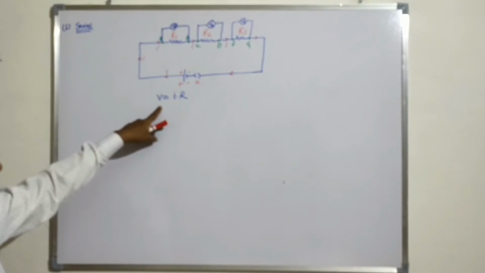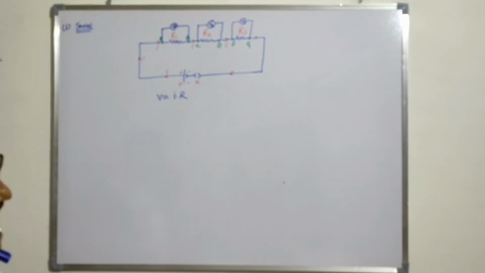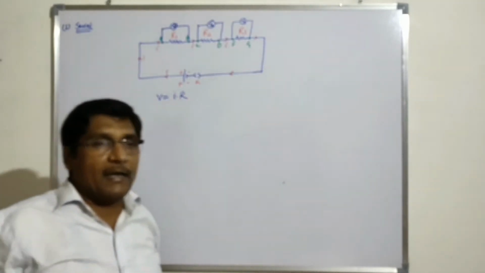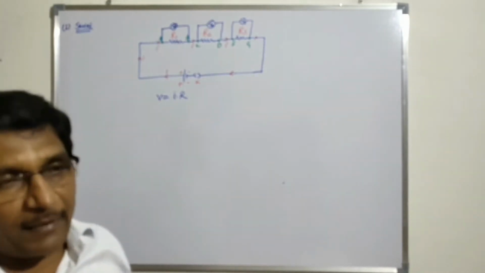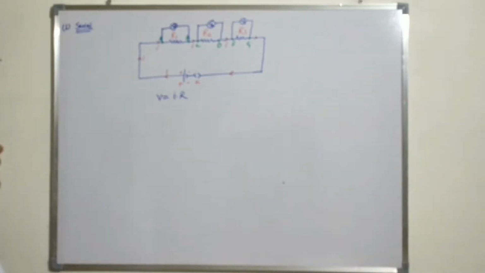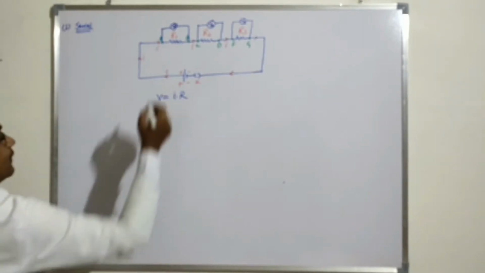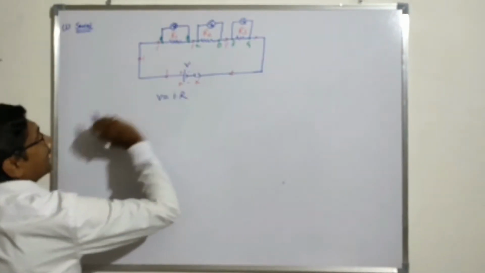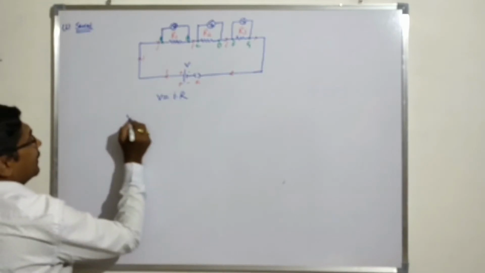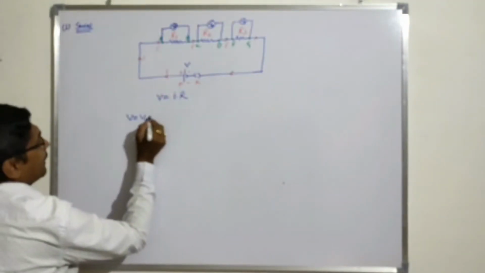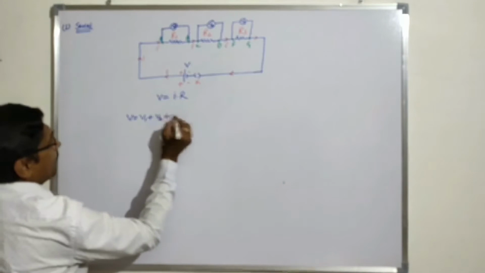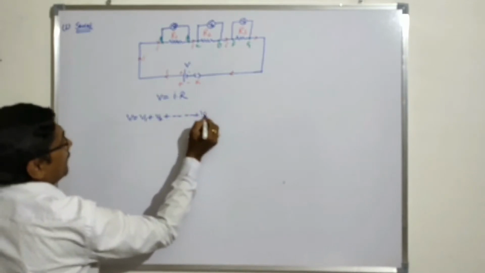Now in series combination, the potential drop in every resistor can be different, but the current in each resistor is the same. If the total potential provided by the battery is V, then total potential V can be written as V1 plus V2 plus up to Vn.